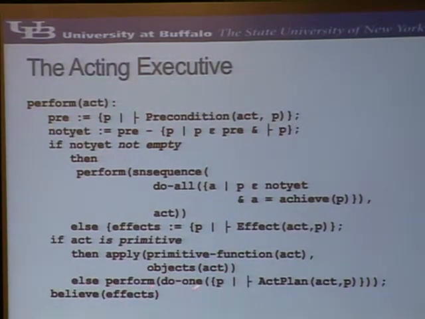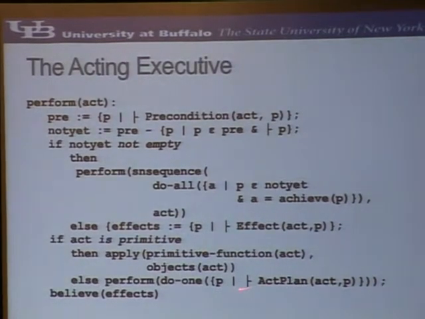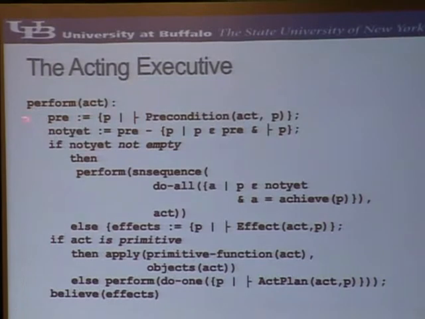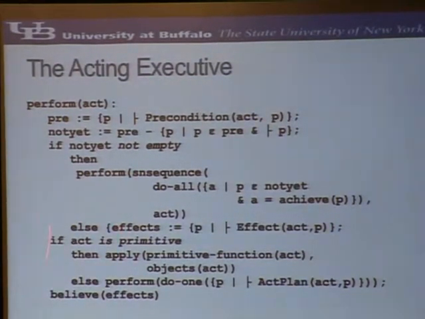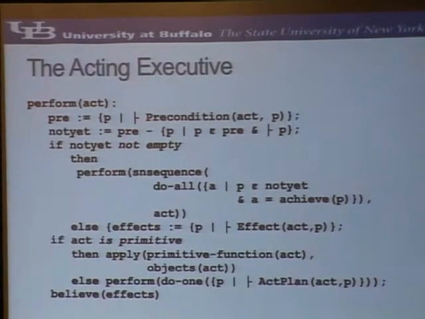If it's not primitive, try to derive plans and then perform do-one of those plans. And finally, and this is quite naive, believe the effects. So in less naive agents, we don't tell it any effects, so it has to just sense what the effects are. But this is another obvious hole. It should know some effects and check that those hold.